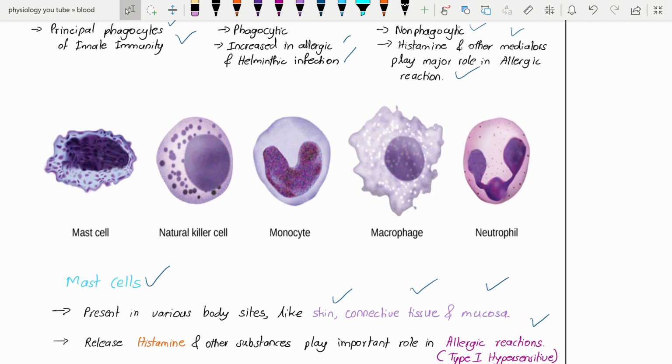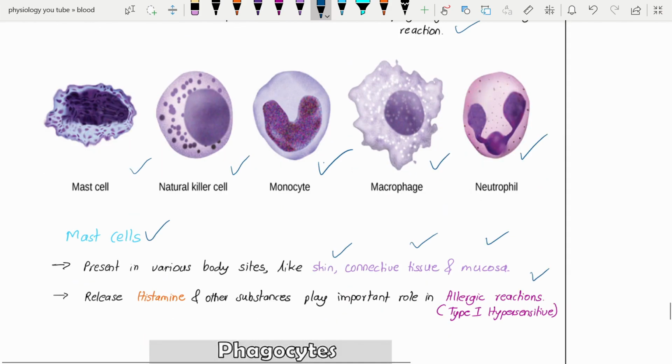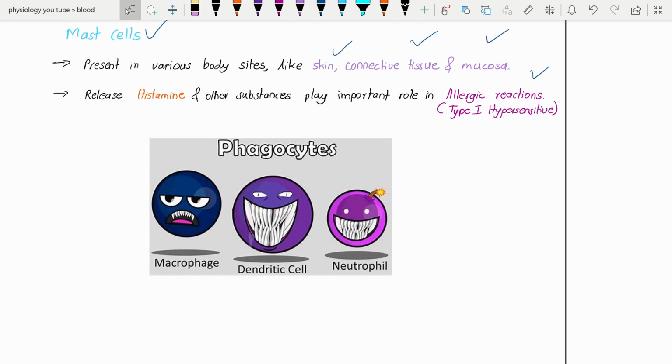These figures show the morphology of mast cells, natural killer cells, monocytes, macrophages and neutrophils. One more interesting figure shows the relative behavior of macrophages, dendritic cells, and neutrophils. Just comment down what you feel about these cells.